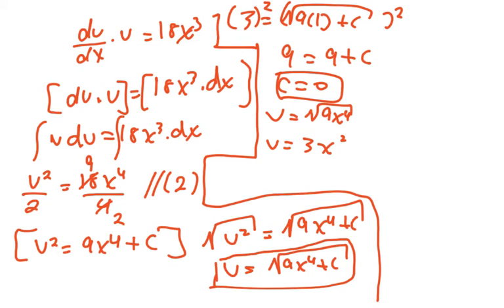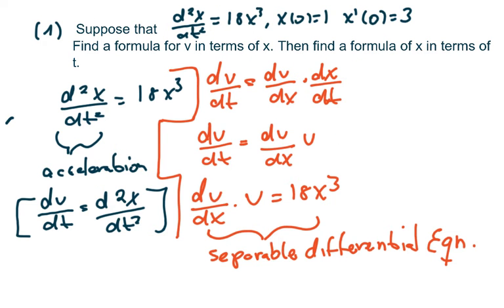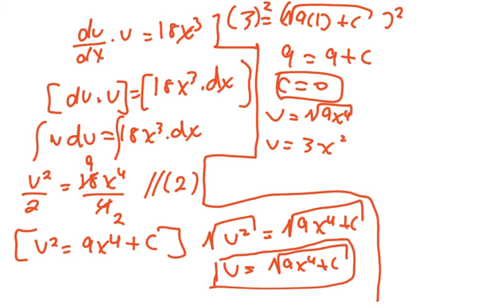This is a great advantage because the second part of the question is asking for a formula of x in terms of t. So now we are going to take v is equal to 3x squared, and we are going to write v as the first derivative of the position function.